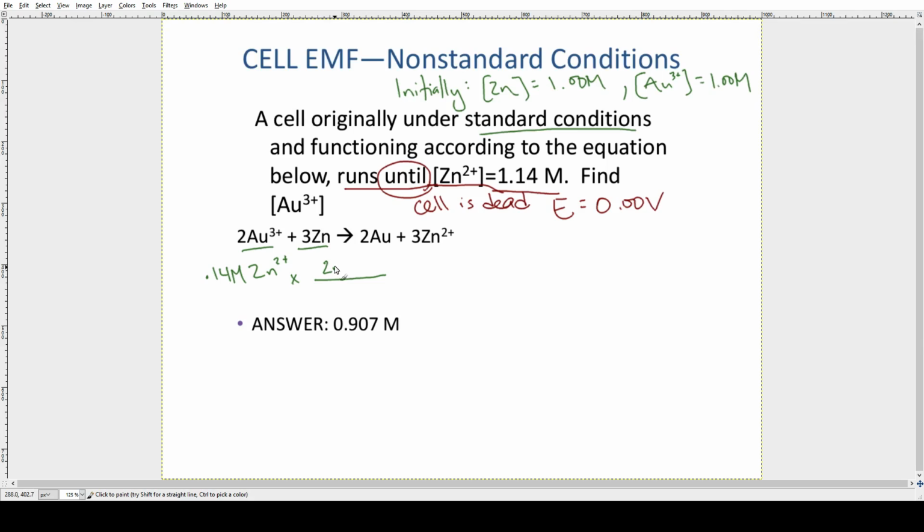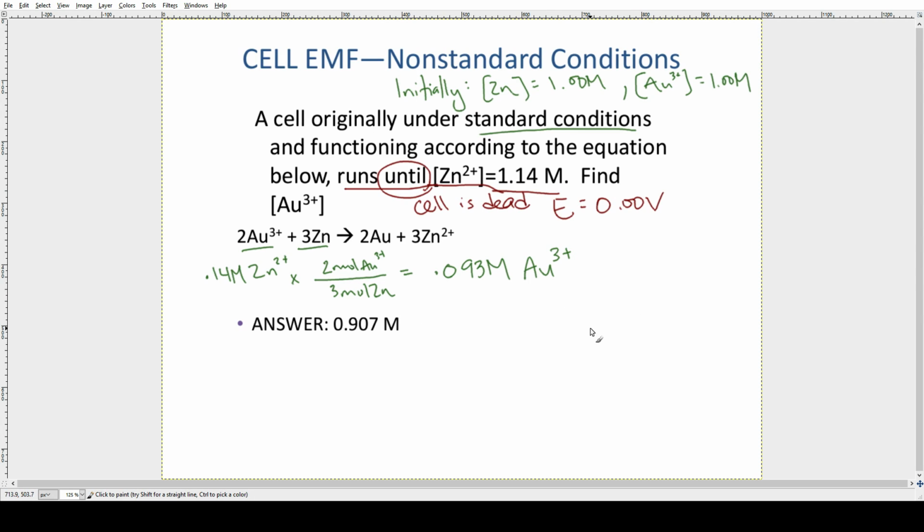So I know there are 2 moles of gold. Oop, that's a plus sign. For every 3 moles of zinc. And I'll find out that 0.093 molarity gold was consumed in the production of this zinc.